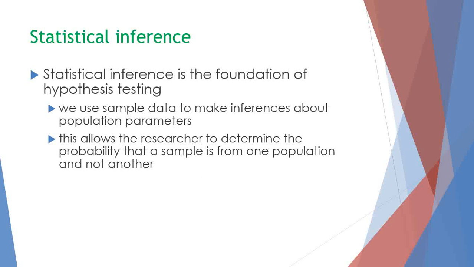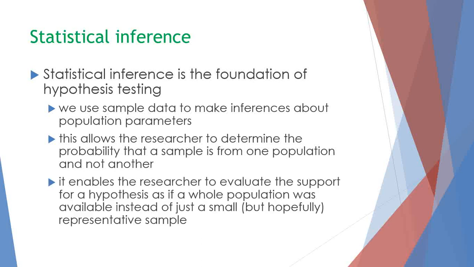We're actually not really interested in the characteristics of the sample. We're interested in the characteristics of the underlying population. And it enables the researcher to evaluate the support for a hypothesis as if a whole population was available instead of just a small but hopefully representative sample.